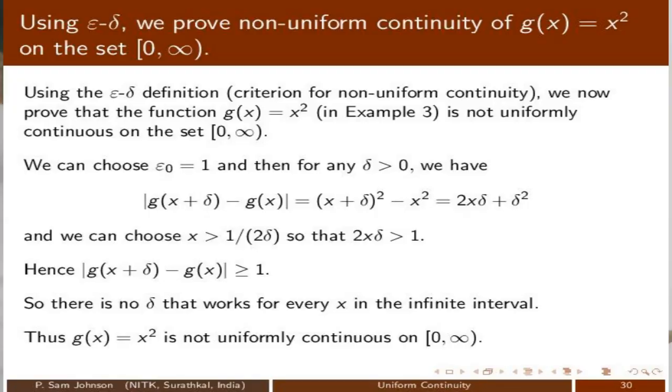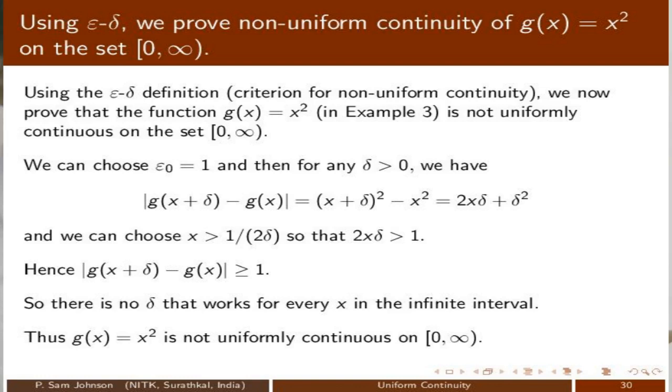In the next slide, you can easily prove by using epsilon delta that the function h is not uniformly continuous on closed 0 to infinity by considering one epsilon. If I choose epsilon naught as 1, then we are going to find two points x and y in the set, but we wish to choose these two points depending on delta.